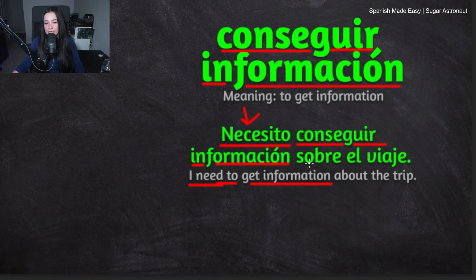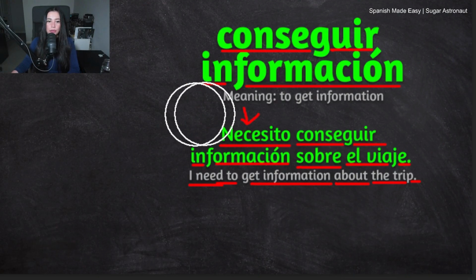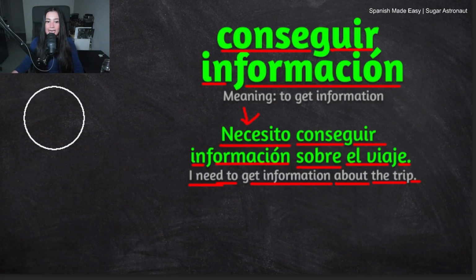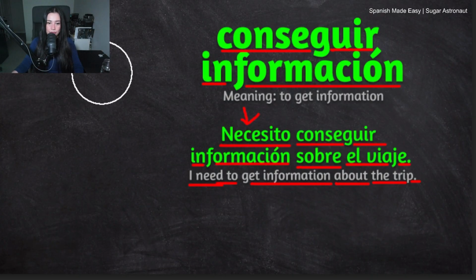Get information sobre, about, el viaje. El viaje means the trip. Okay? The viaje, trip. Necesito conseguir información sobre el viaje. I need to get information about the trip.